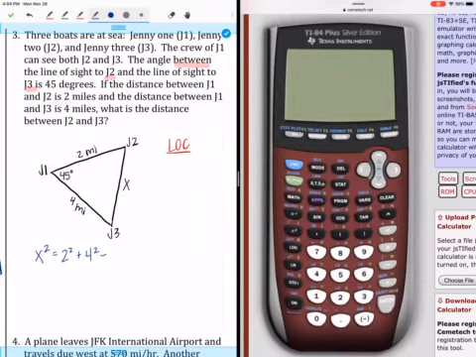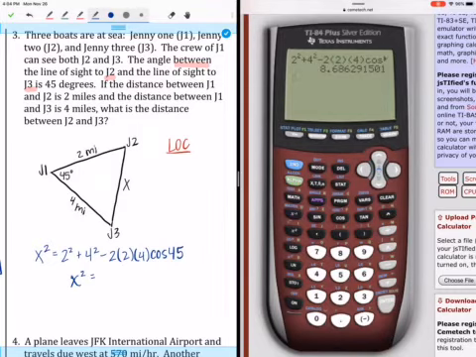So 2 squared plus 4 squared minus 2 times 4 times the cosine of 45. And again, we can type all of this into our calculator at once.